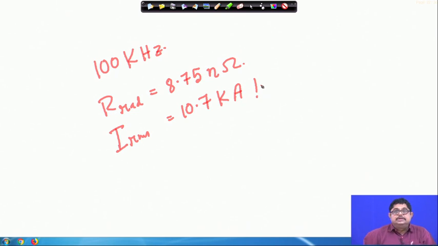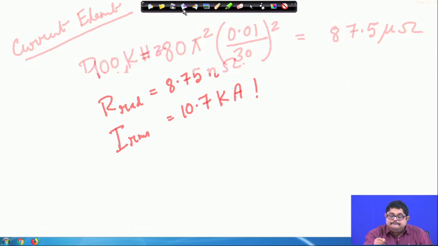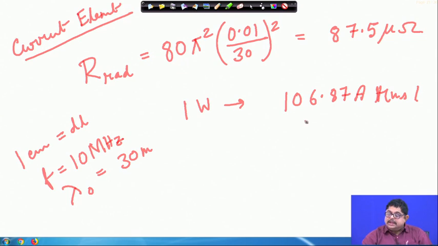But this exercise showed us one more thing. In the previous case it was also inefficient, but in the next case it became much more inefficient. I just decreased the frequency, that means I increased the lambda.